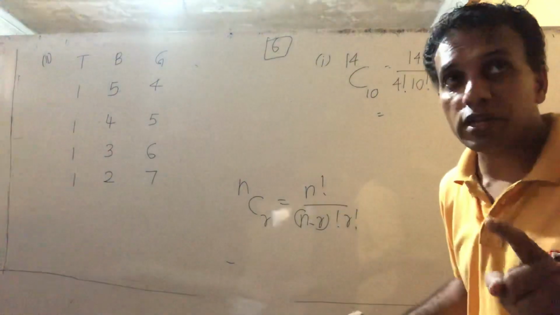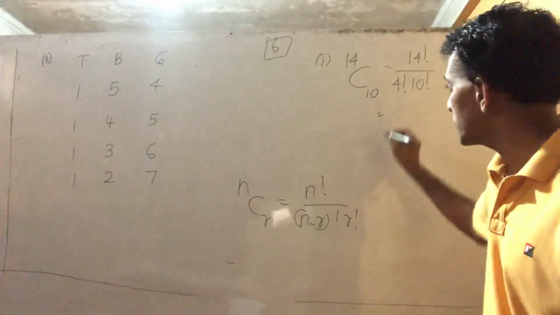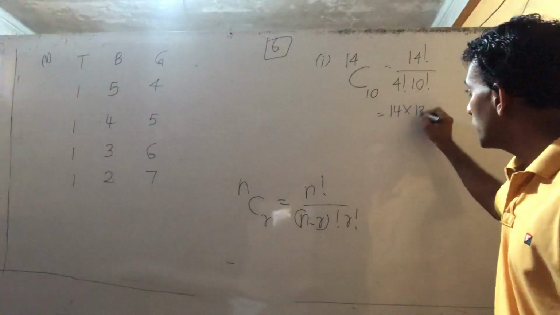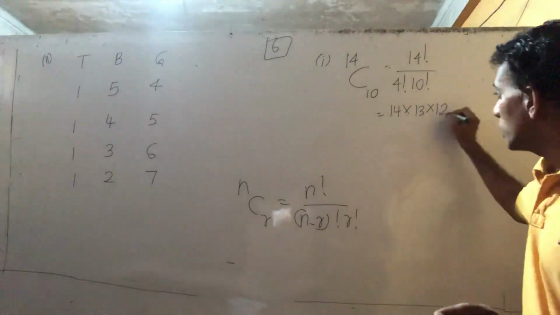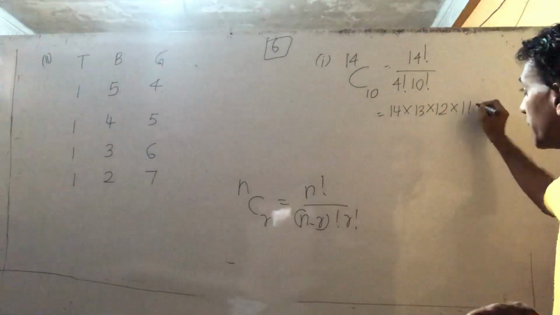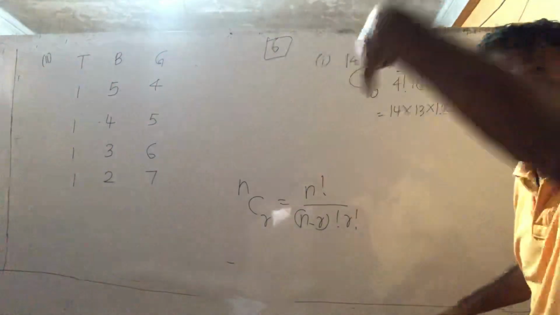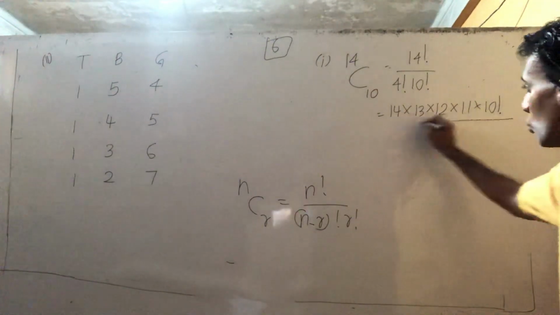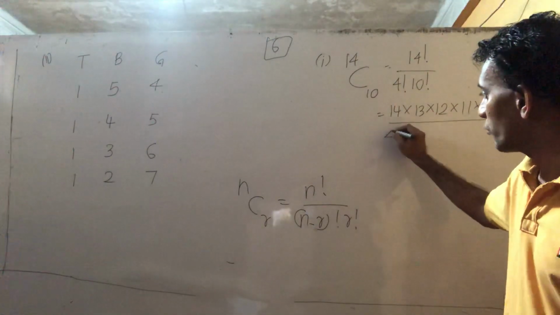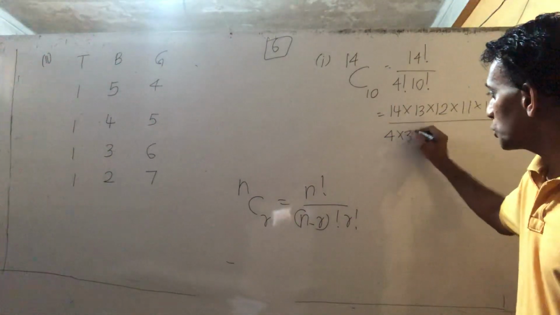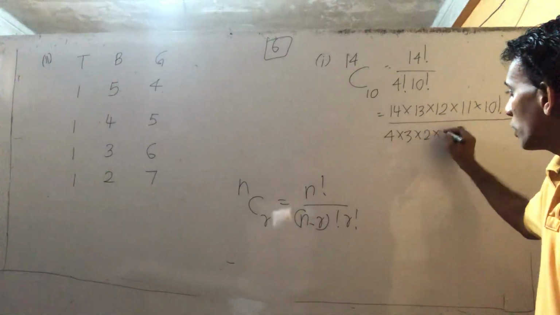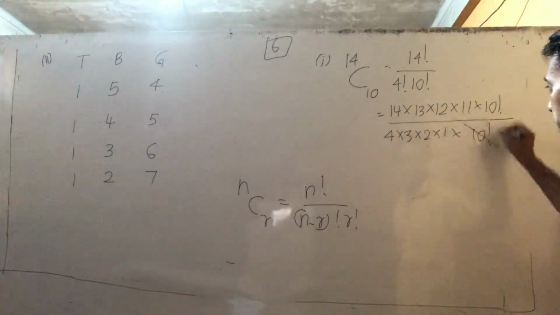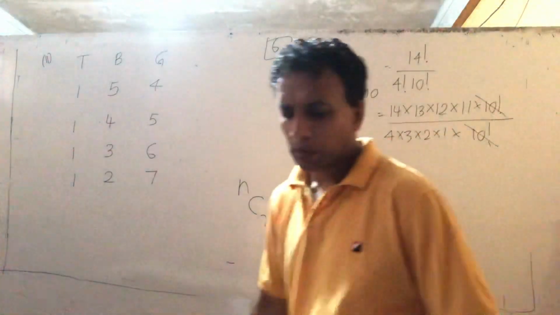Can I write the 14 factorial like this: 14 into 13 into 12 into 11 into 10, 9, 8 and so on, that is 10 factorial, over, what is 4 factorial? 4 into 3 into 2 into 1. Here the 10 factorial cancels. Now you can simplify and get the answer.